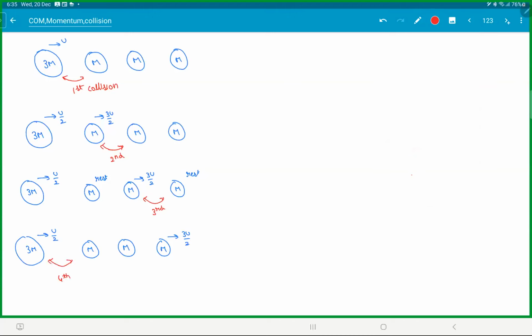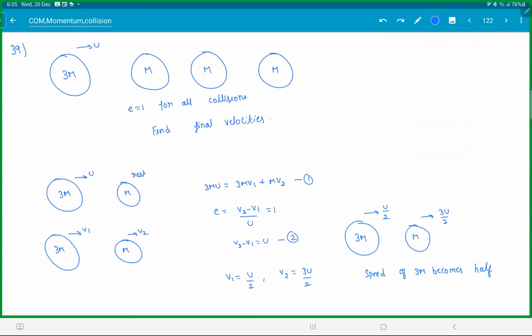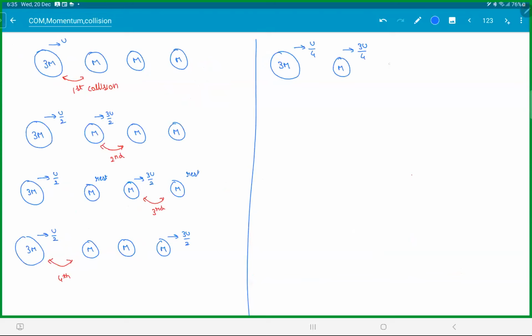The fourth collision. Right, Lakshika. Now remember, just now I said whenever 3m collides, its speed becomes half. So u by 2 becomes u by 4, and this guy will become 3u by 4. So instead of solving every time, if you understand that u is simply a variable, you will see it forms a sequence. Every time it becomes half of the previous one.